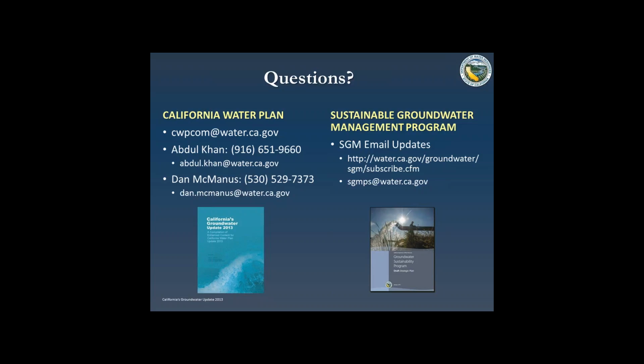That's why we're doing the interim update in 2017, not only to memorialize those basin boundaries so everybody is on track, but also to do some of the things Abdul talked about, which is to lay out the approach for future Bulletin 118s and how they'll be integrated into the water plan. So hopefully the 2017 interim update will answer a lot of those questions.